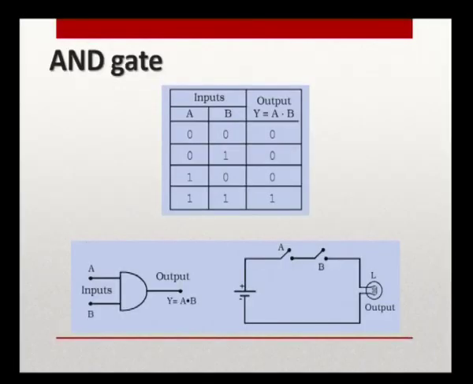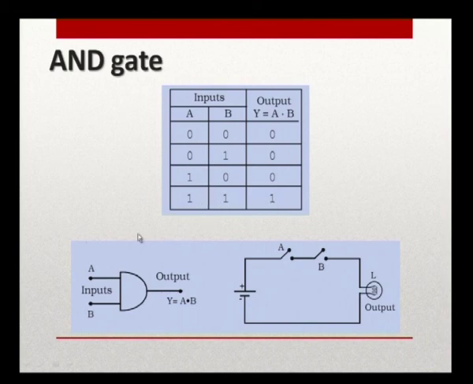In the case of AND operation, again 2 inputs are taken, A and B. The output is 1 only when both A and B are 1. That means A should be high, B should be high to get an output high. For all other combinations, any 0 input makes the output not high. Only for the last combination, in which both the inputs are 1, the output is 1.